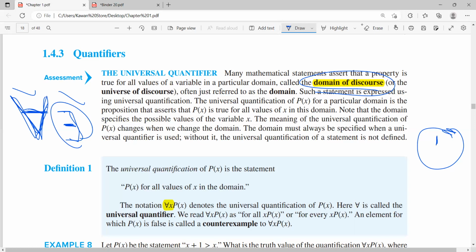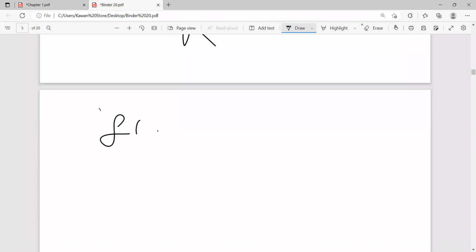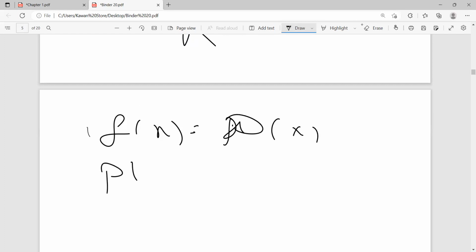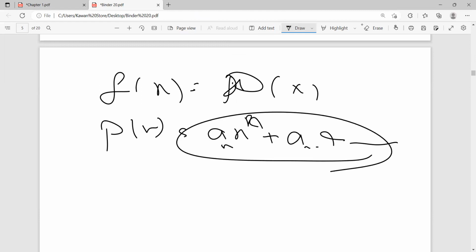When I say f of x, for example, if p of x is a polynomial, meaning a x to the n plus any numbers, and we say for all polynomials, the domain is R, it means you cannot find even a single example which contradicts my word. Understood?